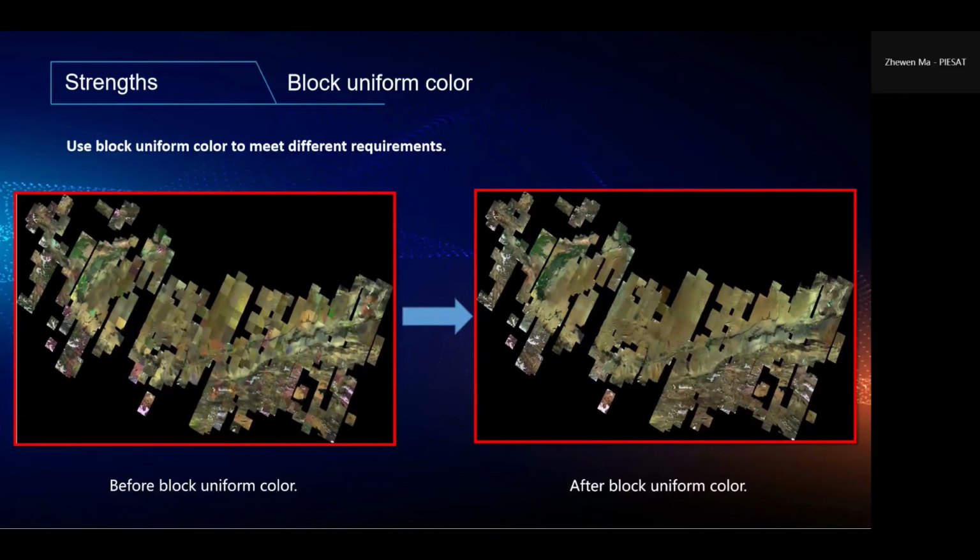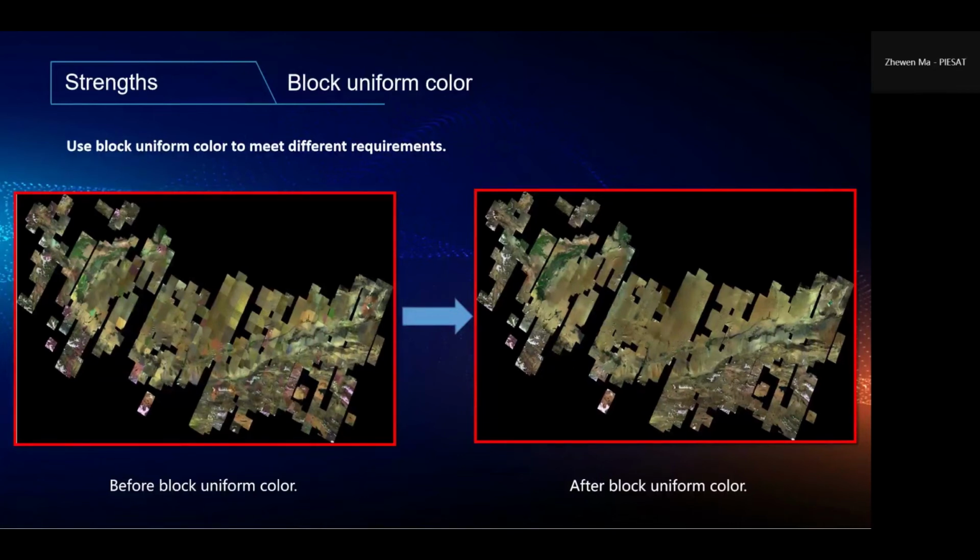But the relative accuracy can still use some tuning and adjustments, to make sure that the adjacent area, the image mosaic, is completely normal and acceptable. So here we can use the uncontrolled block uniform color function to do the color tuning.